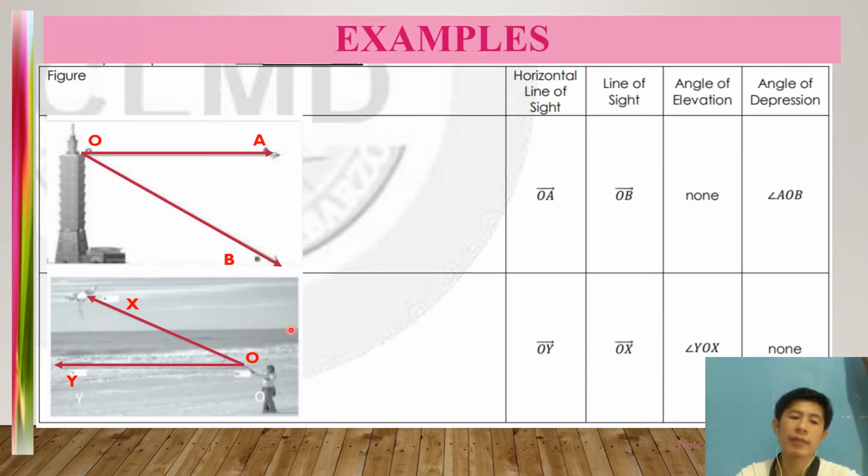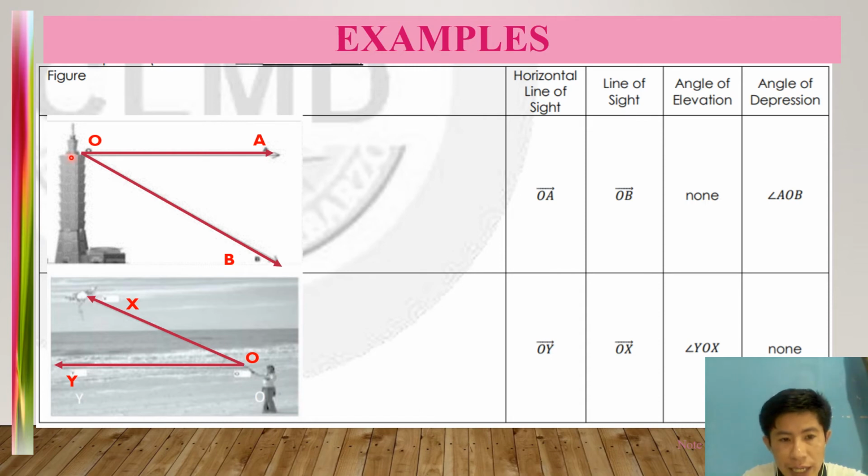Ayan. So I have here the figure. This is a building. And sabi ko nga kanina, ito yung angle na na-form. Sabi ko kanina, yung vertex ng angle, yan ang laging magiging location ng eye of the observer. So, ibig sabihin yan, yung taong nakatingin ay nandito sa taas ng building.